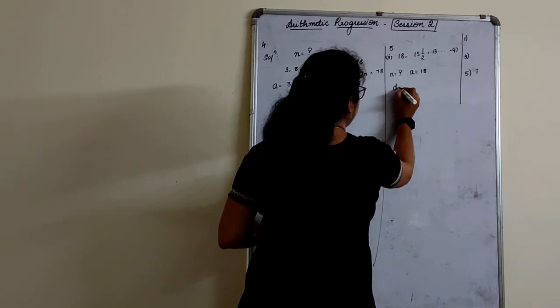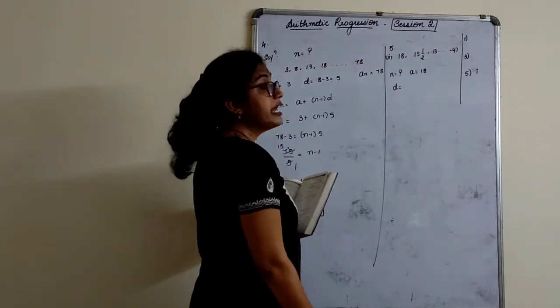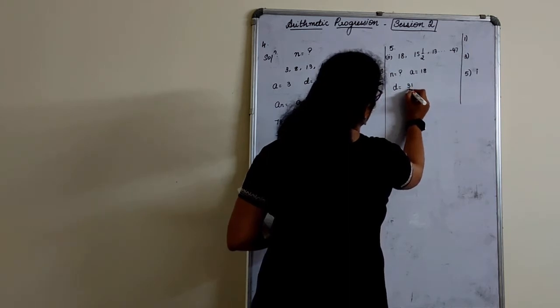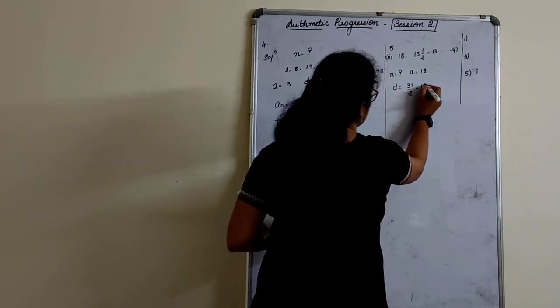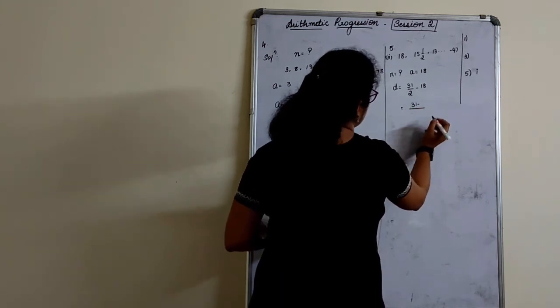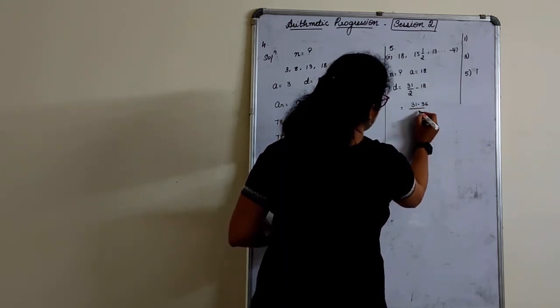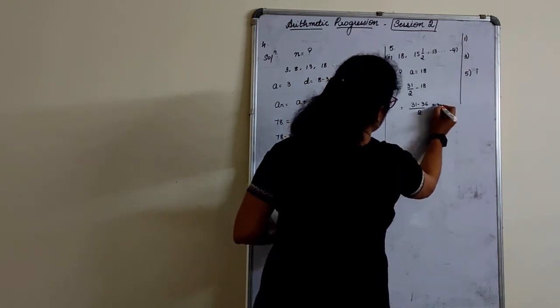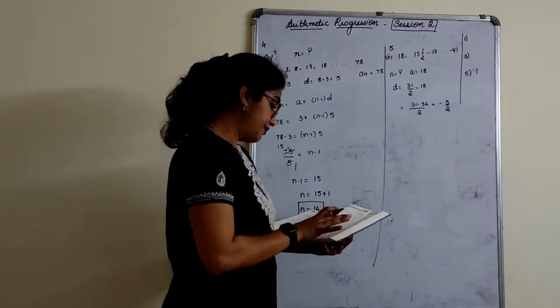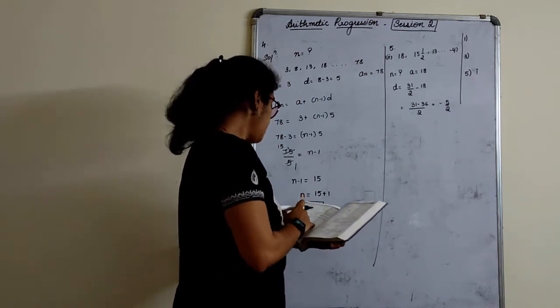What is common difference? 15 1 by 2 minus 18. 31 by 2 minus 18, LCM 2, 31 minus 36 by 2. So the answer is minus 5 by 2, your common difference here, right?